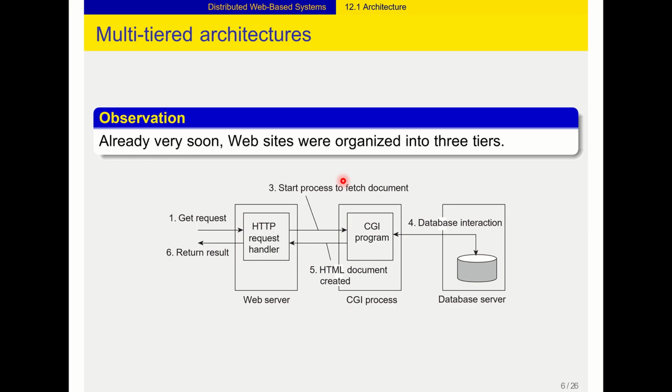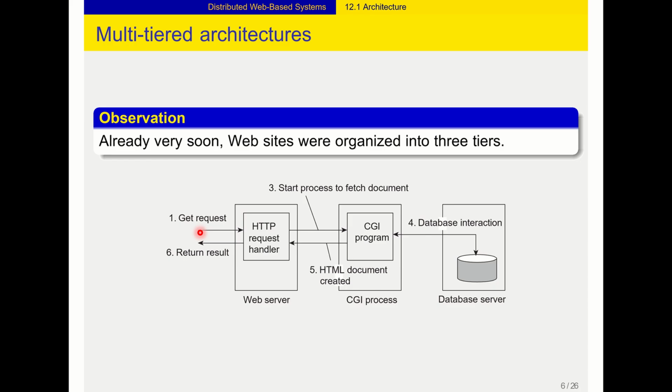When we extend it, websites can be organized into 3 tiers depending on the combination of types that we have for the web documents. So in step 1, the web server receives a request from the client. The client side is still the same, but now the operation on the server side is slightly changed.